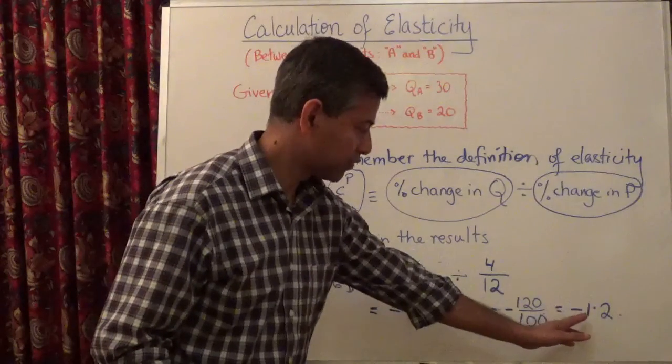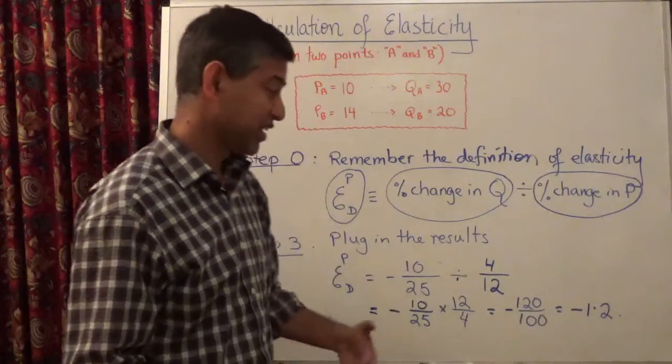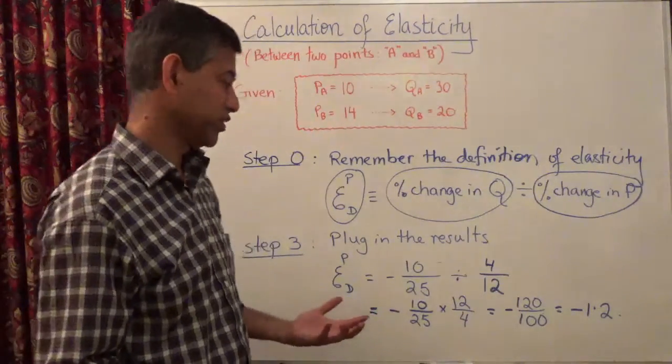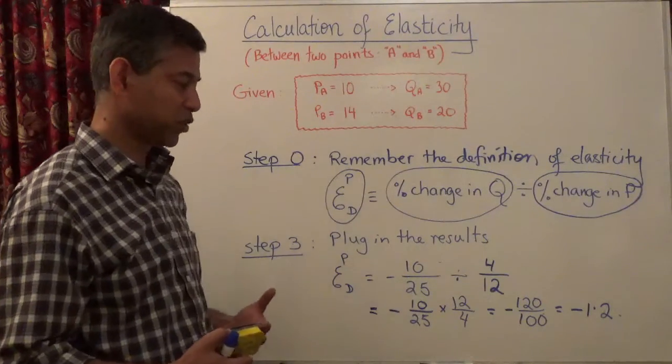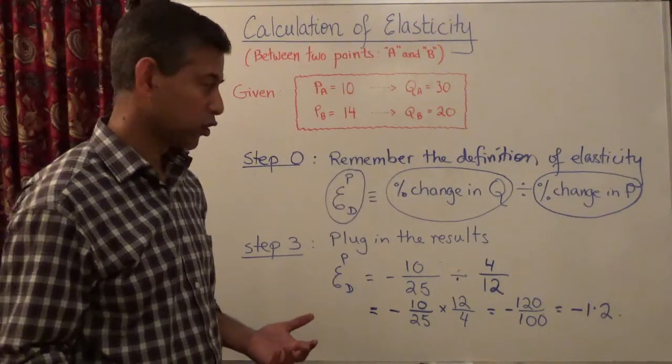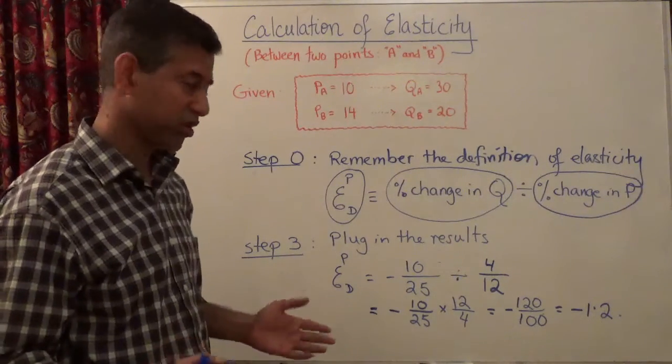The significance of the number, the scalar, the magnitude being 1.2 is that it's greater than 1. So it's capturing a price elastic demand. So quantity is responding more than proportionally compared to the initial price change. So it's like a large response that we are seeing.